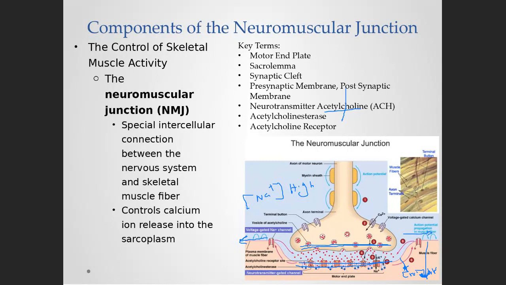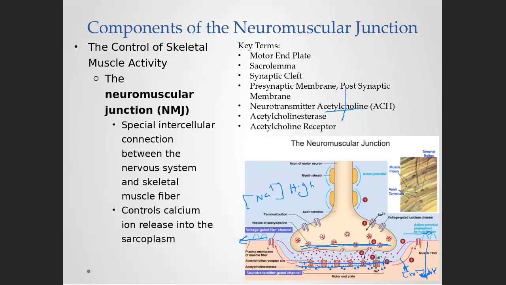when an electrical event, when an action potential is going down the neuron, that means the neuron was told by the previous neuron in the spinal cord to contract, and the neuron in the spinal cord was told by the brain to contract. So the brain is basically telling the skeletal muscle fiber to contract.